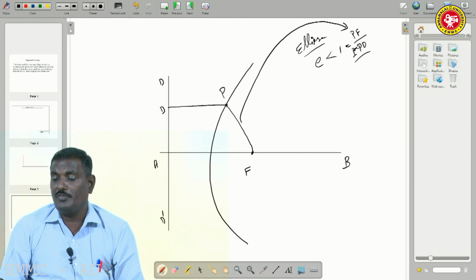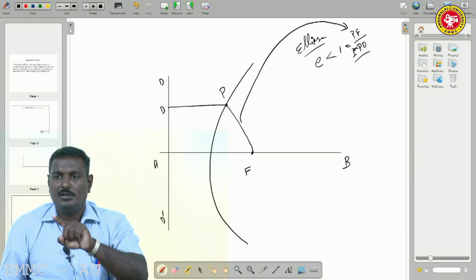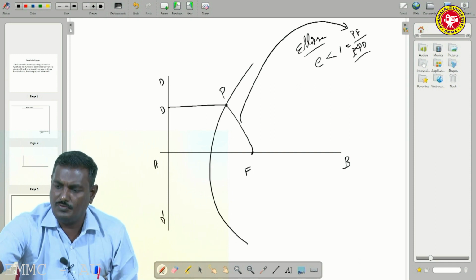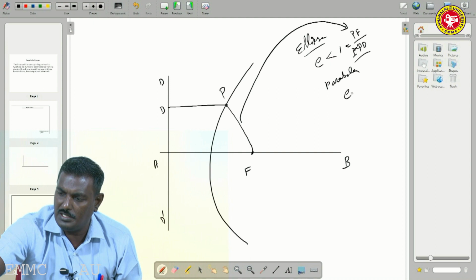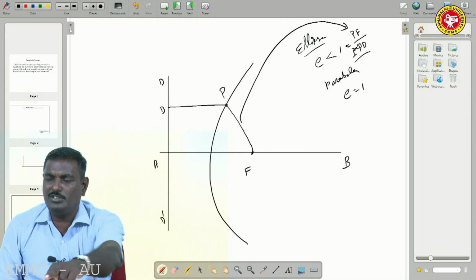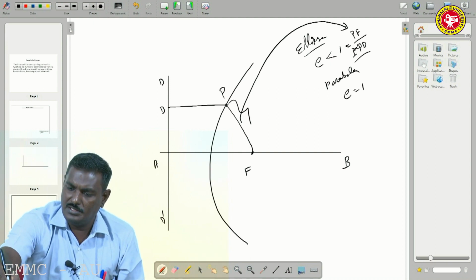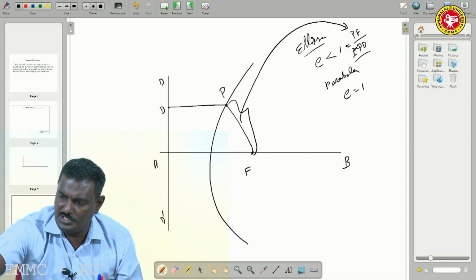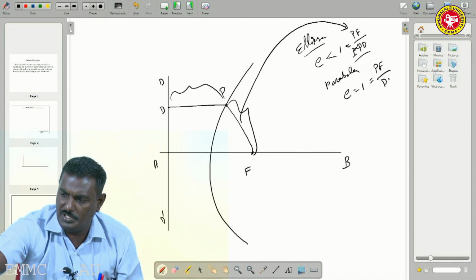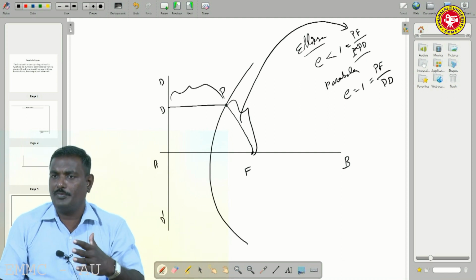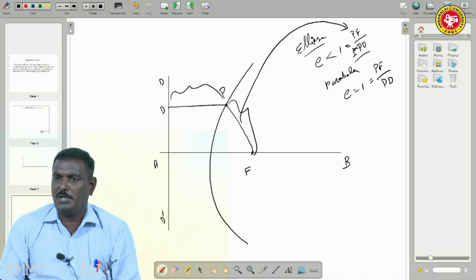That is the ratio. For an ellipse it is less than 1. For a parabola it is equal to 1. That is, both distances PF and PD are equal. So that is a parabola.